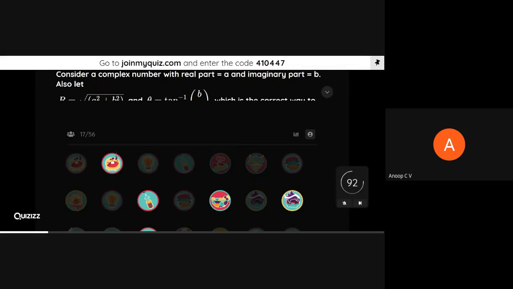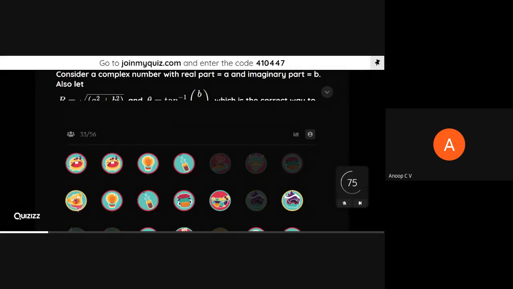I believe clarity on the concepts of complex numbers is very important for you to study any transform, not only the Fourier transform. It's very important as far as a communication systems student is concerned. So we have 33 people joining.